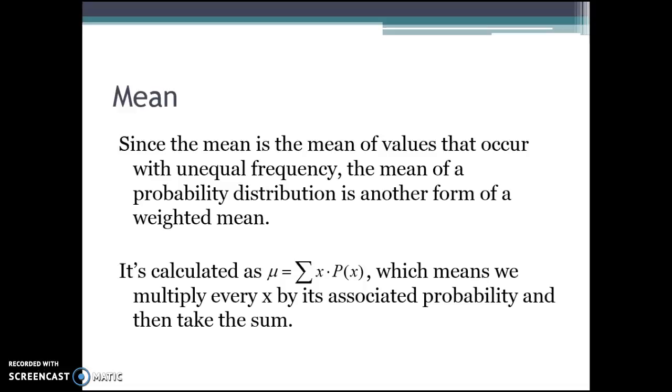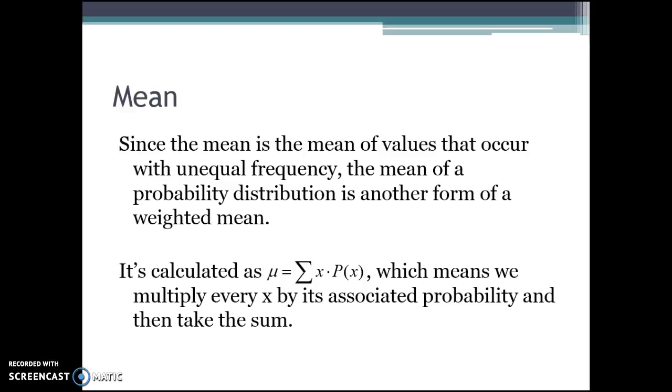So a weighted mean, like for example, the way I figure your grades in this class. So your x values might be your grades on test 1, test 2, your MyStatLab average, etc. And then the weights, the p of x's, would be how much of your grade that counts. And I'd figure your average exactly the same way as we're doing this mean right here.